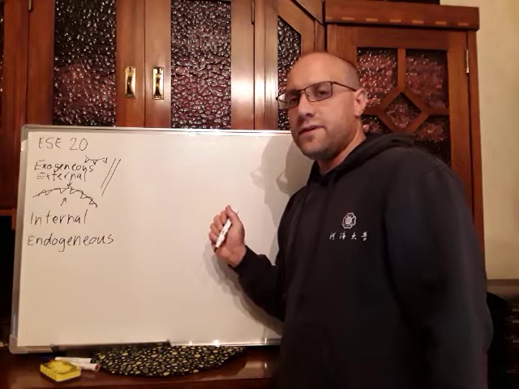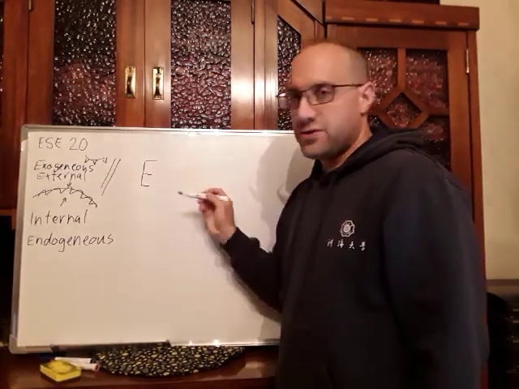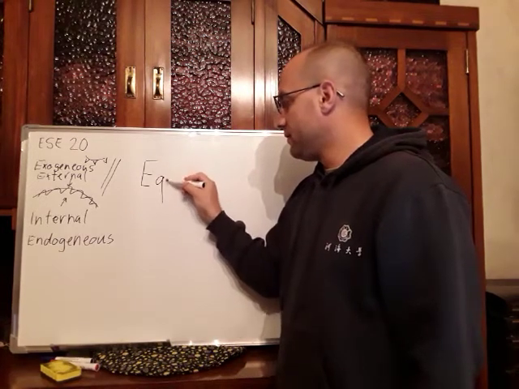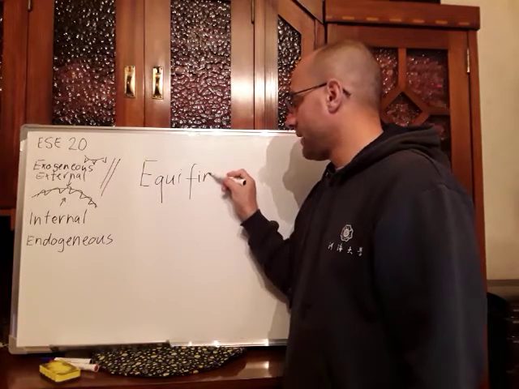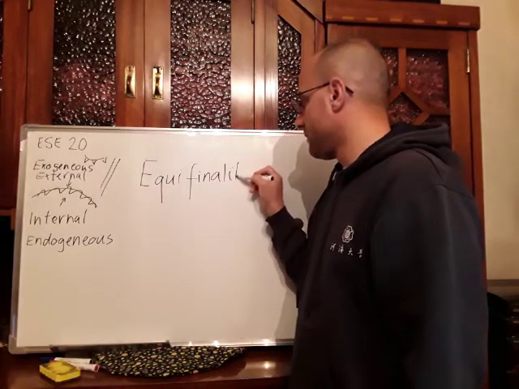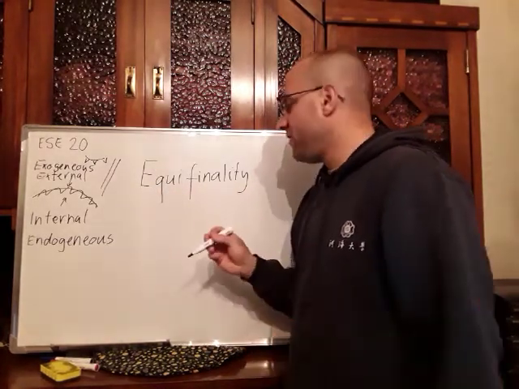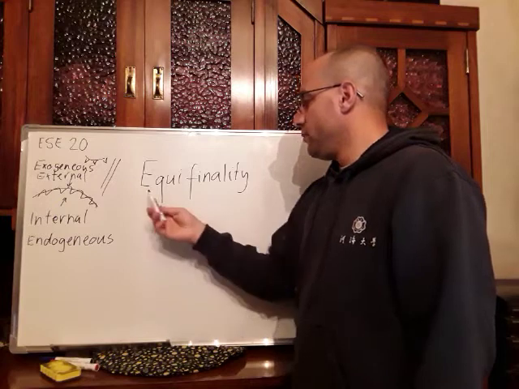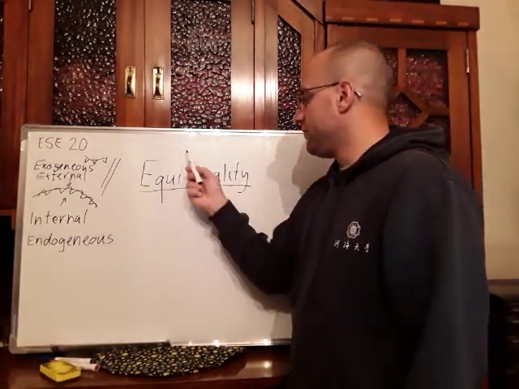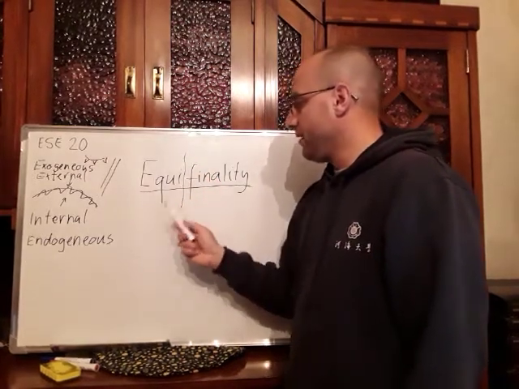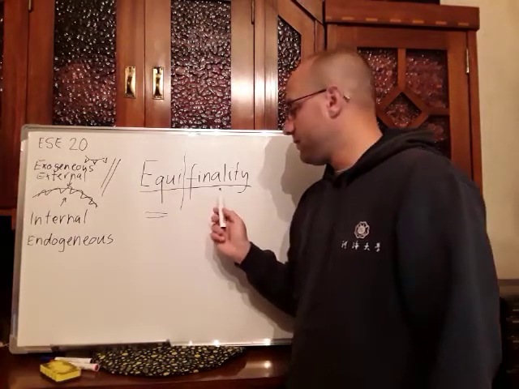Also, there was a specific term that we were using in the first two lectures, and that's equifinality. This is basically a process or phenomenon which is built up of, as we see here, two different words, equal and final.